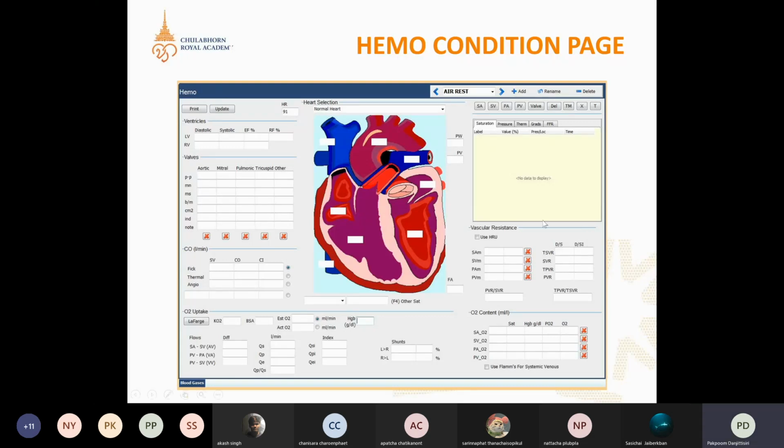You can fill in the saturation that you get from blood gas in this box for each chamber. If you want to add more about the pressure, you can click on the pressure tab, and then you can fill in the pressure on each side.